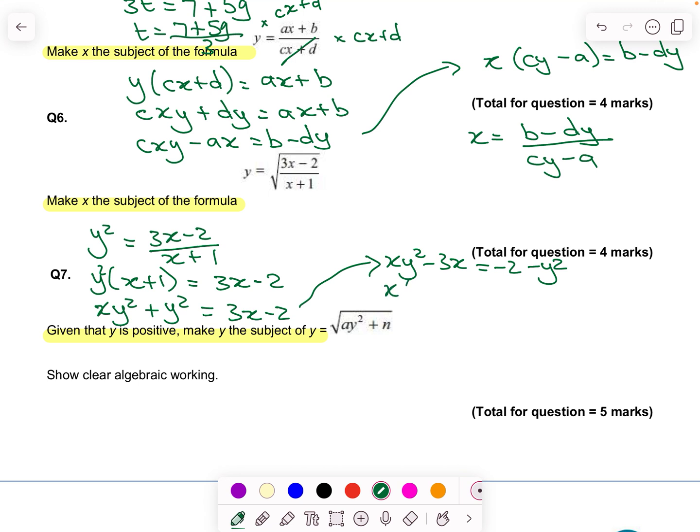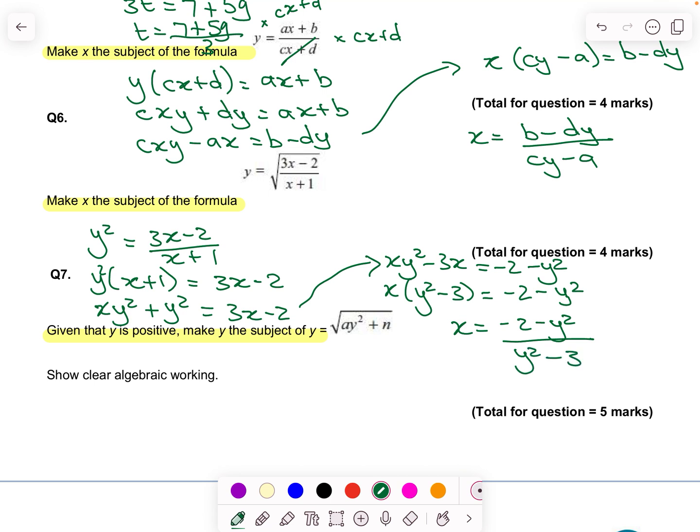So x out and I have (y squared minus 3) inside the brackets equals minus 2 minus y squared. Then I can divide, and so I get x equals (minus 2 minus y squared) all over (y squared minus 3).